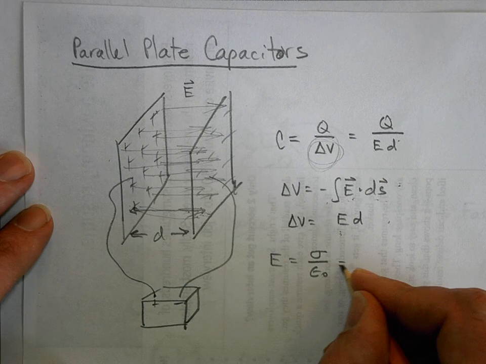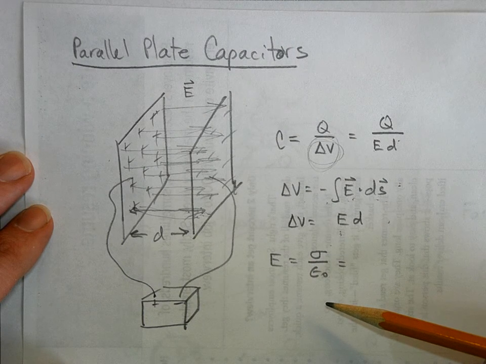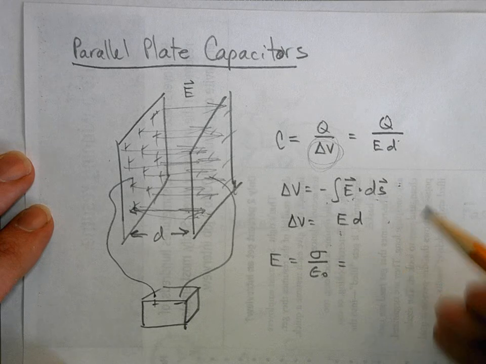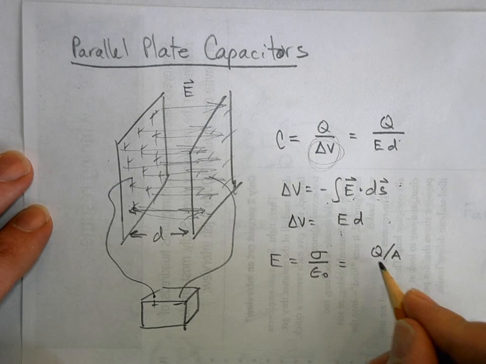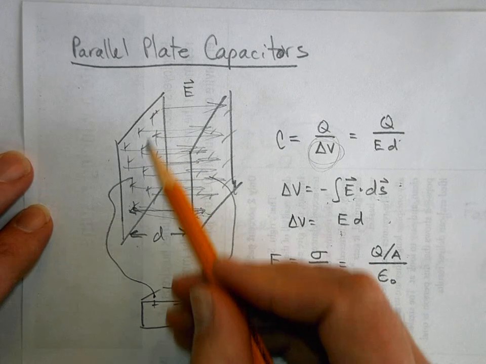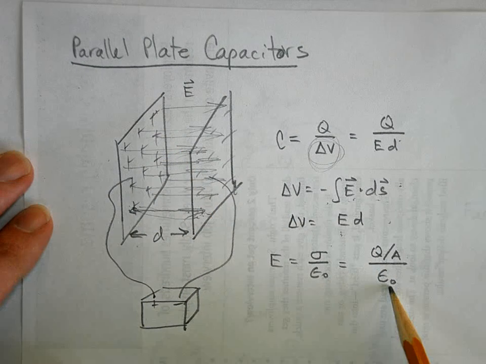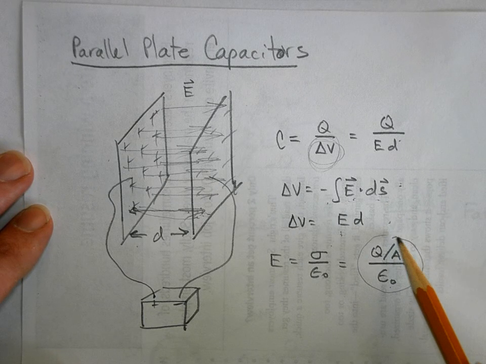But what is sigma? That's the charge density. Well, what is the charge density? It's the total charge divided by the area. So there's Q, this plate, and here's the area of the plate, divided by epsilon naught. Now I'm going to put this in here.